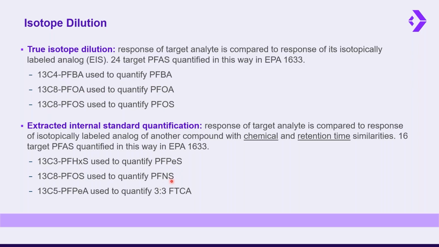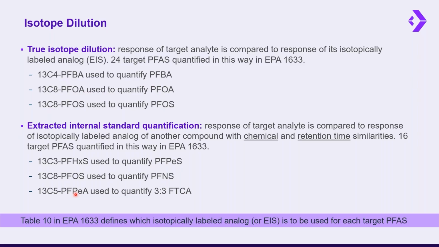And PFNS is a 9-carbon sulfonic acid, again, does not have its own carbon-labeled isotope, quantified using an 8-carbon labeled sulfonic acid for PFOS. 3:3 fluorotelomer carboxylic acid, this is a 6-carbon carboxylic acid, it's quantified using a 5-carbon labeled carboxylic acid, PFPeA. So these PFAS are quantified with another carbon-labeled PFAS closest in chemical structure, which would be closest to mimicking the behavior of that specific PFAS.